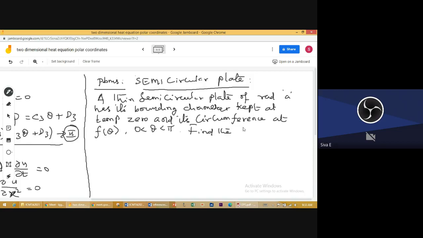Find the steady state temperature distribution at any point of the plate.